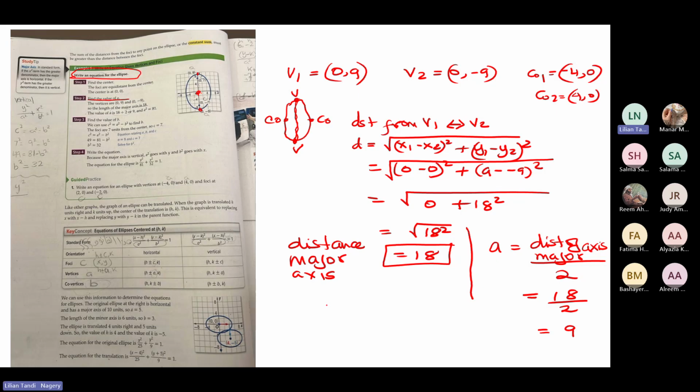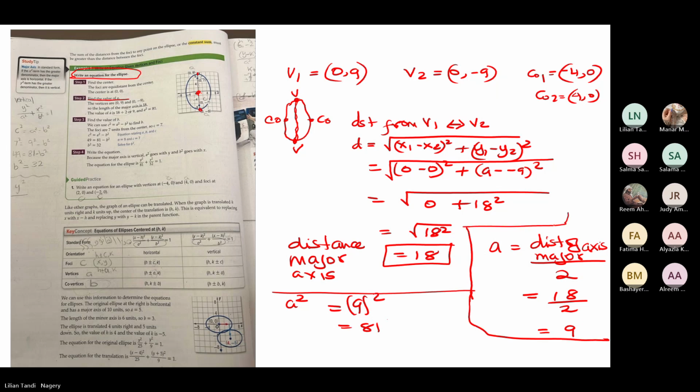That is A. Now you need A squared. A squared will be 9 squared, which gives you 81. These are very important parts that we are doing. Up to here, we are good?